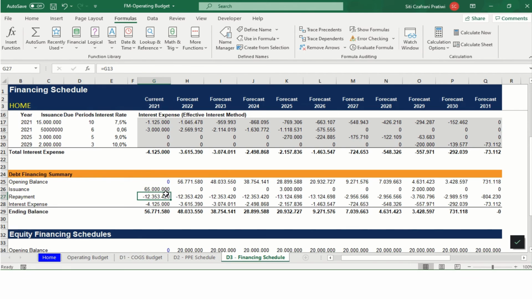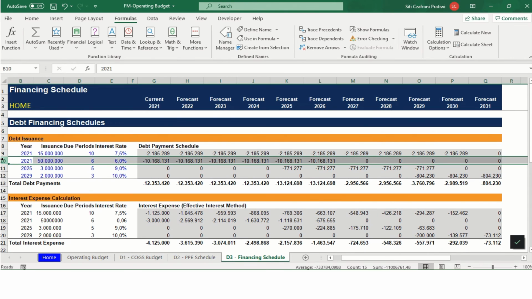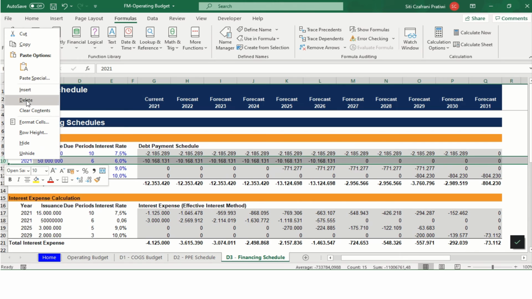So your issuance is 65 million. So this is why we use SUMIF in order to find the amount of debt issuance in each year. It makes your formula more flexible. So you do not have to input another formula if, for example, you want to change the number of periods, or you want to add another debt in the same year. Alright, so I will just erase this one because I do not want to use it.